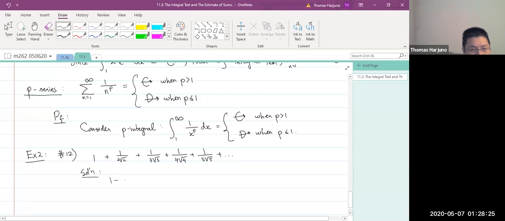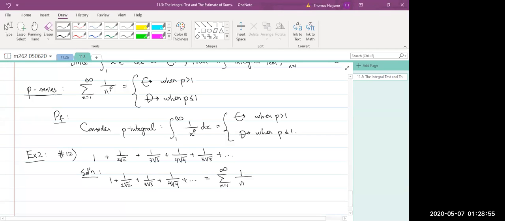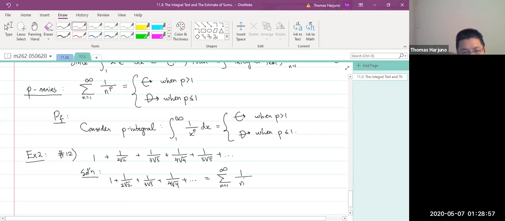The series 1 over 1 plus 1 over 2 radical 2 plus 1 over 3 radical 3 plus 1 over 4 radical 4 and on is equal to the infinite series from n equals 1 to infinity of 1 over n to the power of 3/2.